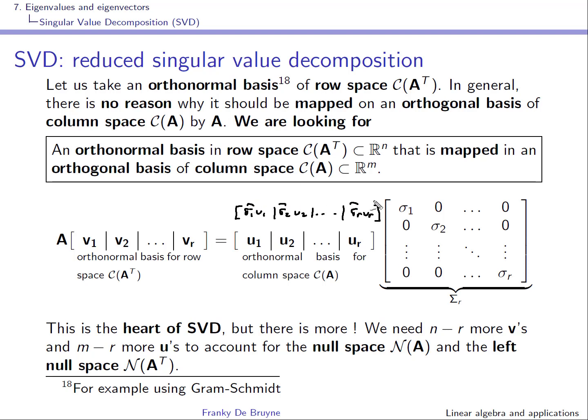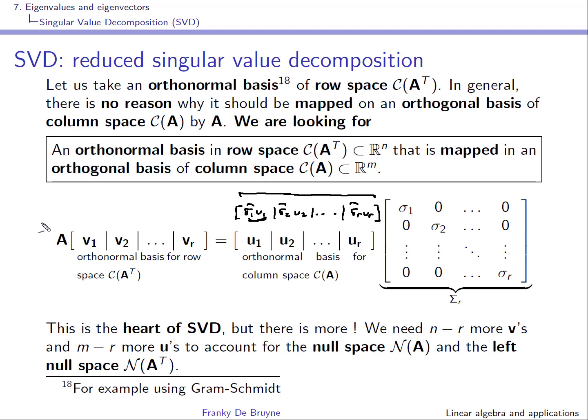Okay, and using this column interpretation of the product of this matrix by this one, we see that this indeed is the same thing as what is written over here. The first column over here is a linear combination of the columns using this first column, so you will indeed select sigma 1 u1. Okay, this is at the heart of the SVD, but we need more.